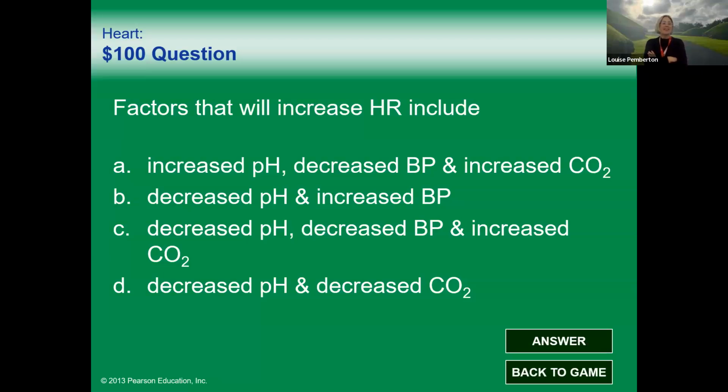It's not A. It's not B, even though B is correct, but something's more correct. But I'll put it C. Yeah, it is C. So your blood getting more acidic, and increased carbon dioxide will make it more acidic, and decreased blood pressure. So that baroreceptor reflex will increase your heart rate as well.